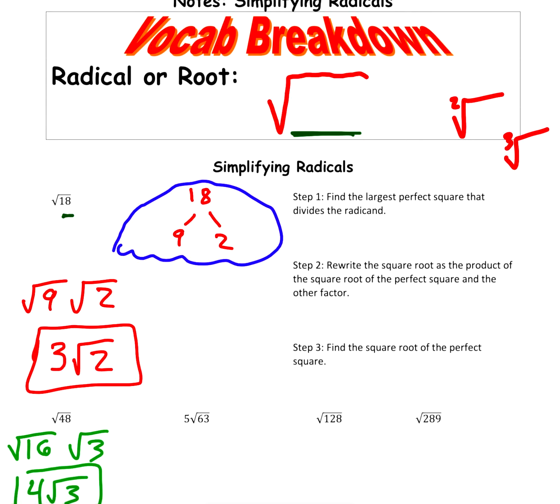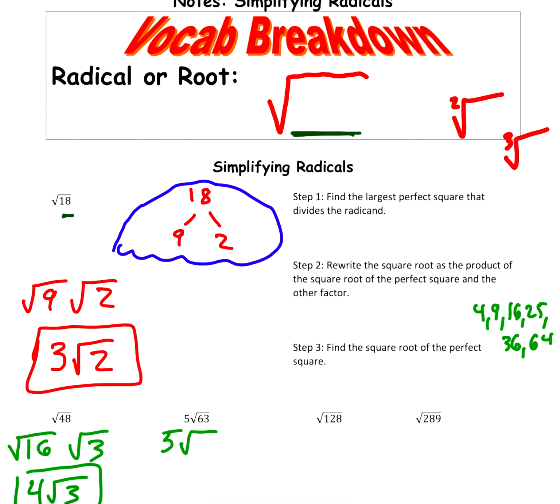And we'll do the same thing for 63. What's the highest perfect square that goes into 63? Just take your calculator and start dividing 63 by perfect squares. You can list the perfect squares out if you want to: 4, 9, 16, 25, 6 times 6 is 36, 64. I start with 4 so I don't skip anything. 63 divided by 4 doesn't divide evenly, but 63 divided by 9 is 7.